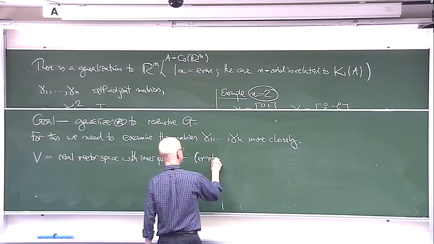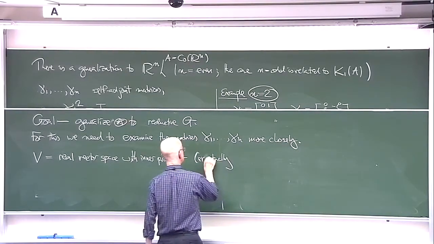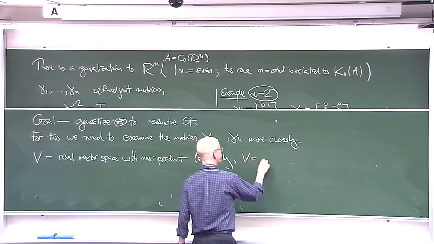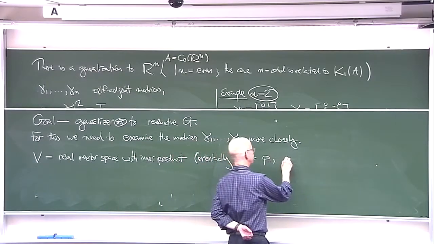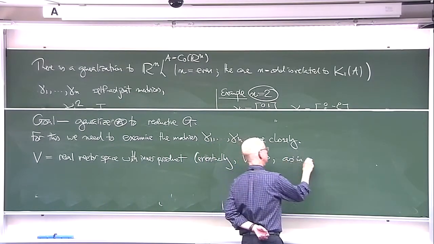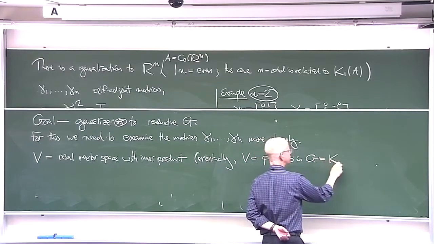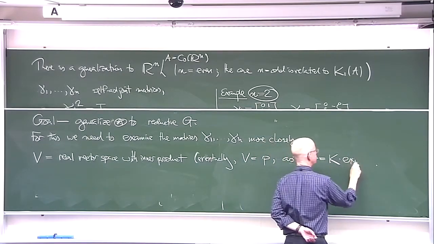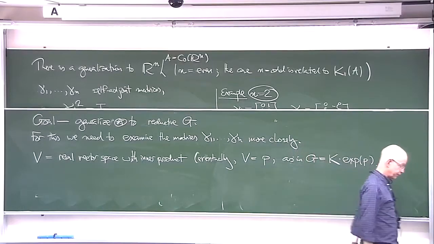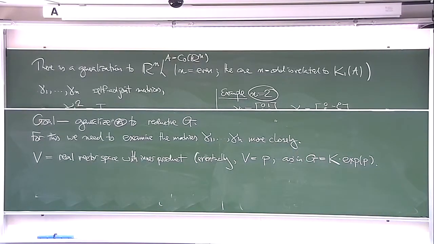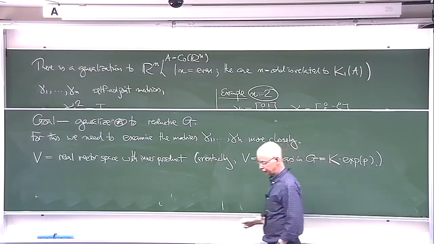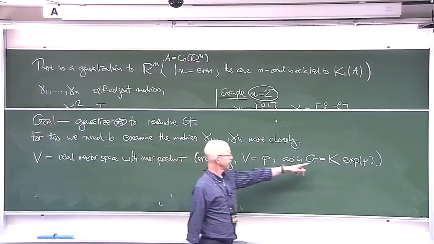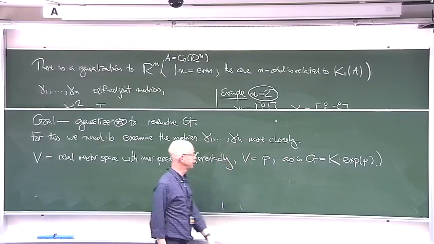And when we finally get back to groups, this will be the vector space P, which appears in the following way. Every reductive group, remember, is K times the set of exponentials of some vector space of symmetric matrices P. These are the symmetric matrices which exponentiate into G. This decomposition of G tells you that topologically G just looks like K, and then this topologically looks like a vector space.